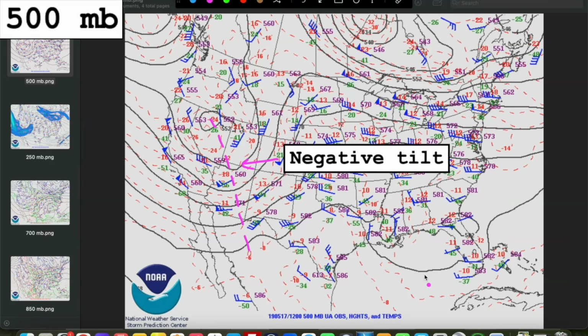These troughs tend to induce surface low development, especially when they go over higher terrain like the Rockies. When these strong winds go through the base of the trough and go over the higher terrain of the Rockies, they tend to induce surface low pressure development. When you have a negatively tilted trough, that surface low pressure development tends to be more intense than with a positively tilted trough, which is when the axis tilts toward the right.